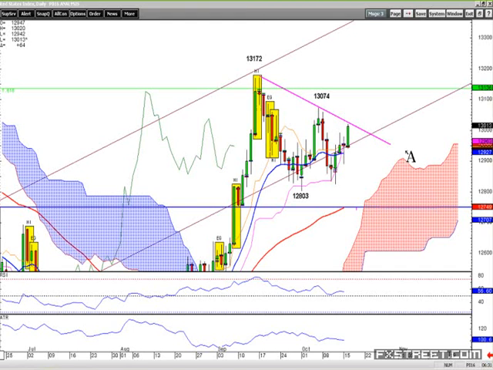So 369 pips from this swing high to this swing low. Now I want to take 369 pips from here for an ABCD formation. So 130.74 minus 369 pips is 127.05.